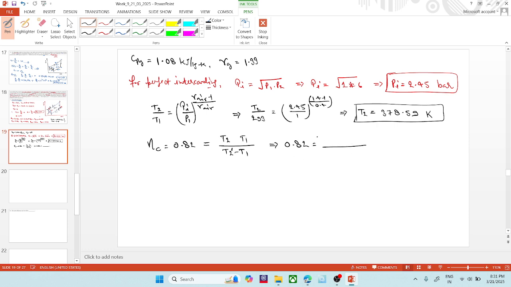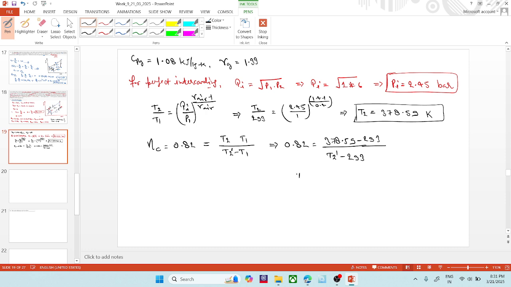Here I have found the T2 value 378.59, and T2 dash I have to find out, minus 293 Kelvin, divided by 293 Kelvin.